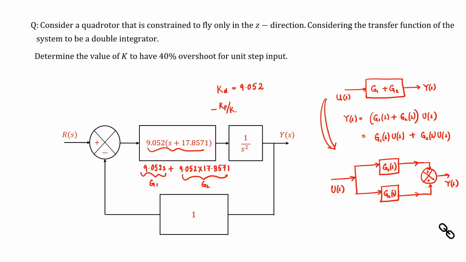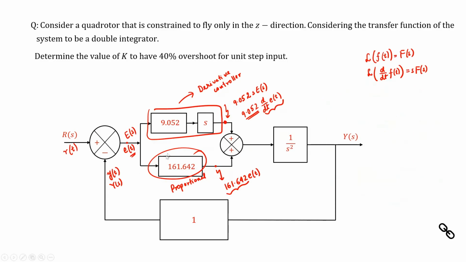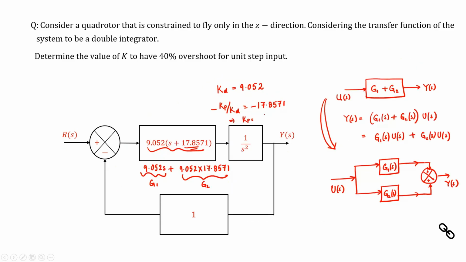This is minus Kp by Kd, which is the 0 position, which is minus 17.8571, and from here you will find that Kp will exactly come out to be 161.642.